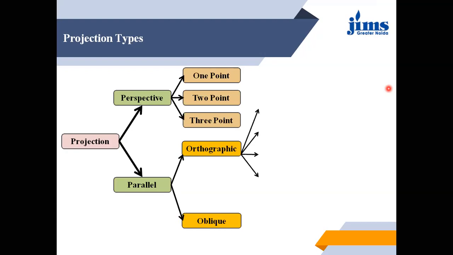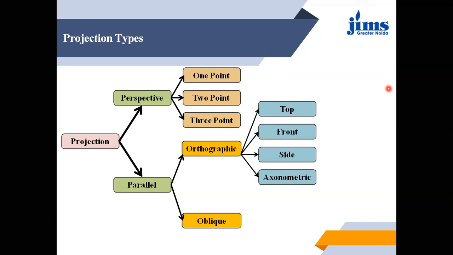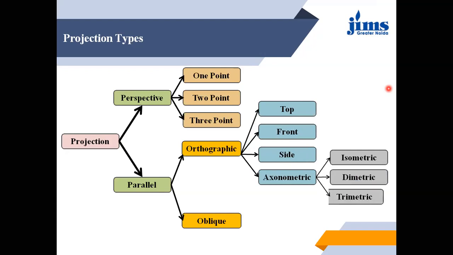These are the different types of orthographic projection, as the rays are parallel in this case. It can be a top orthographic projection, a front view, a side view, or axonometric, where axonometric can also be divided into three parts: first isometric, second diametric, and third trimetric.